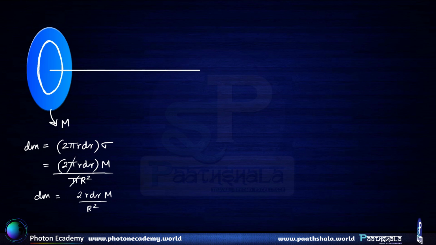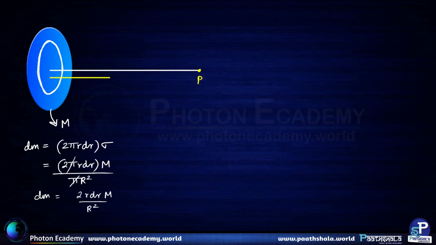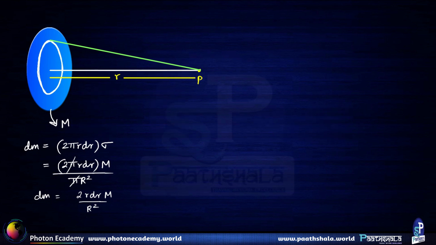So at a point, let us say P, that is at a distance of small r from the center, the gravitational field for this particular ring or this small mass dm will be pointing towards this point, and only the horizontal component will survive.